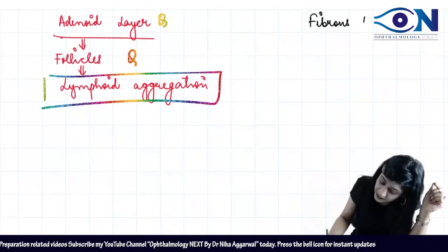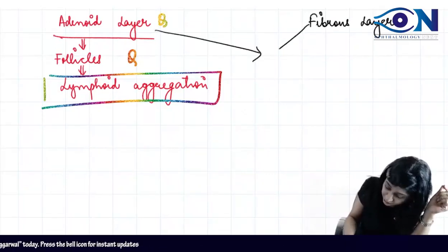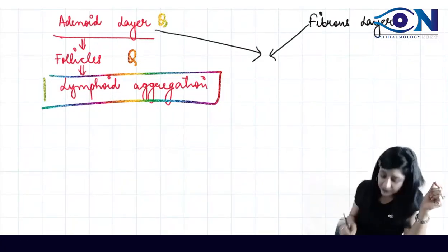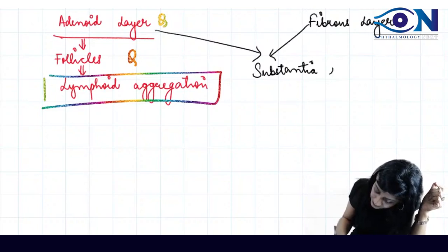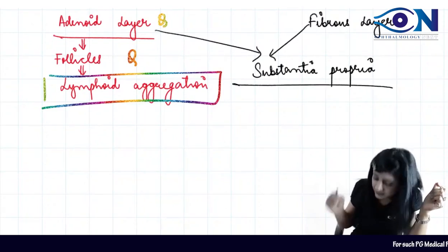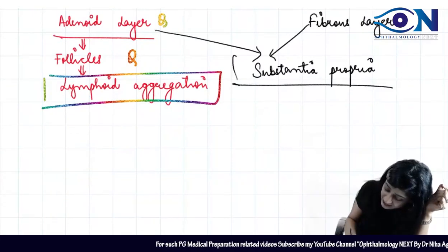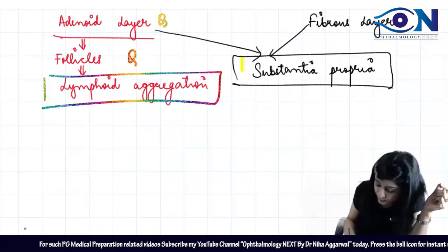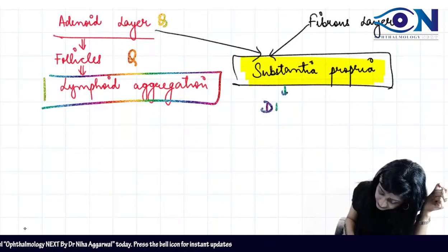When the adenoid layer and the fibrous layer are combined, the total is called the substantia propria, and it is in this substantia propria that we get the degenerations.